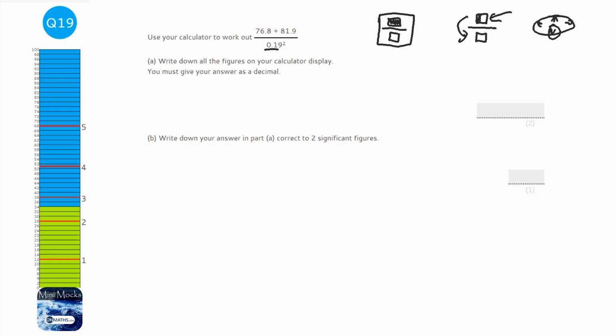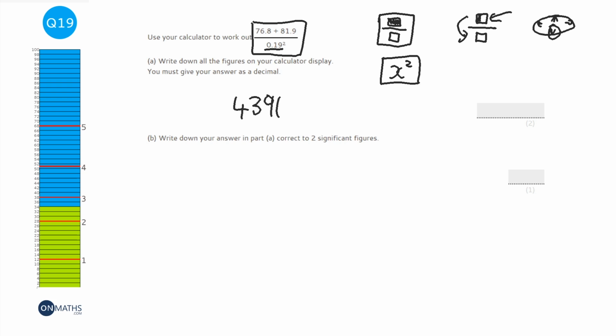And then we need to fill in this bit here, so 0.19, and then to get the squared button, you just press that, and it looks exactly as it does in the question on the screen, so you know you've got it right. So you press equals, and my one comes up with 4396.121884. Now, it might be tempting to try and round that, but it says it wants all the figures, so just put them all in.